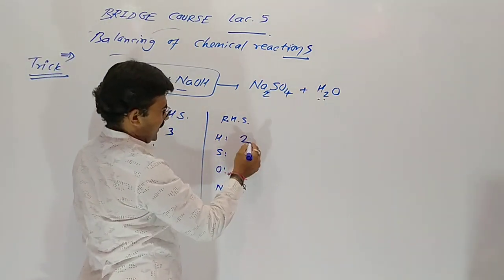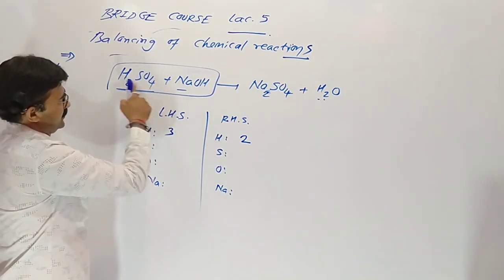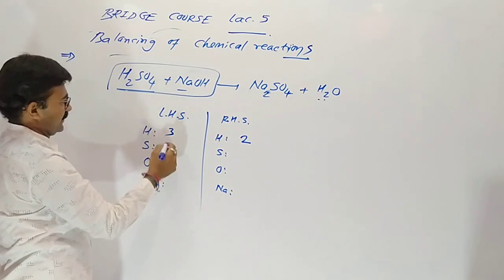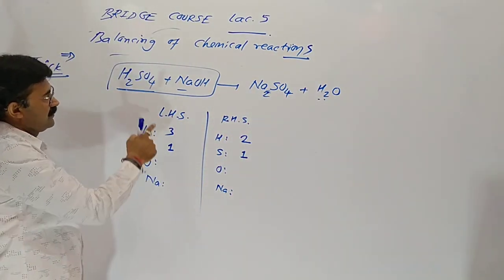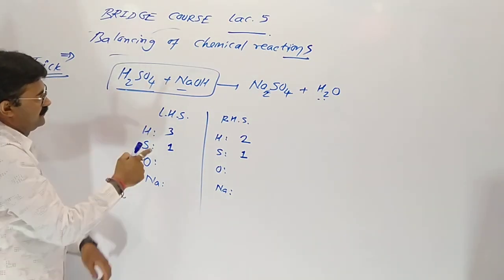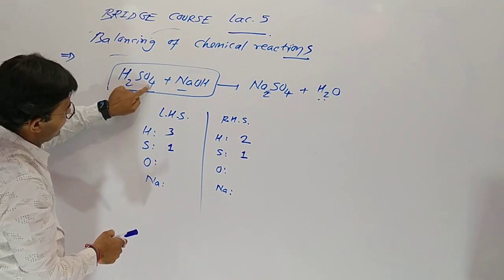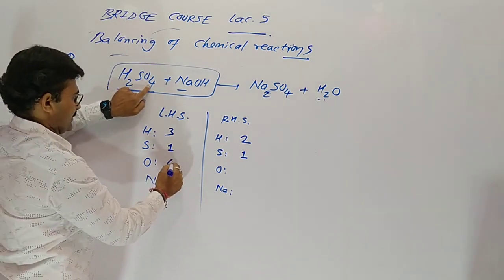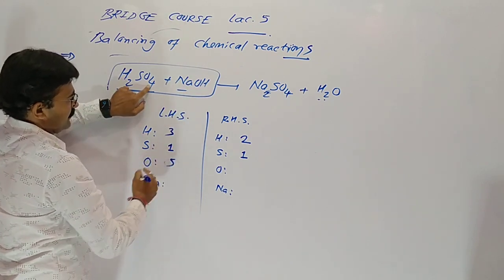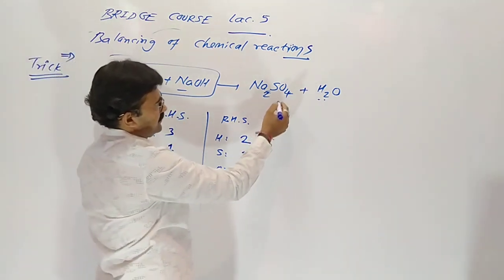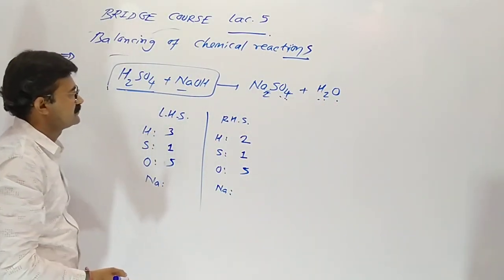Here hydrogen 2 times. Sulfur is 1. Check. Only 1 here, and only 1 here. Oxygen 4. Here 2 hydrogen, 1 sulfur and 4 oxygen, plus 1, so the total will be 5.